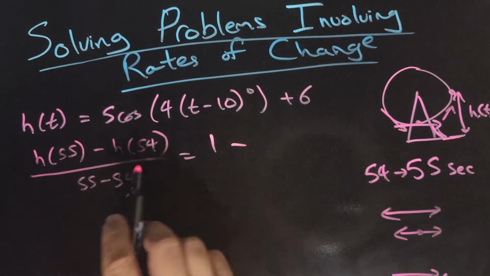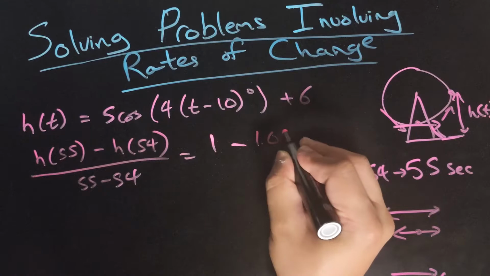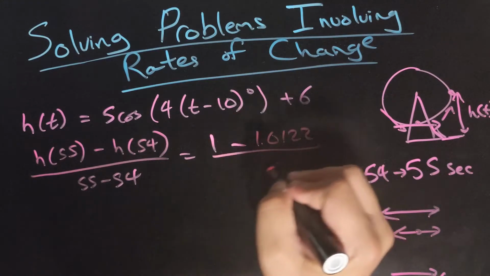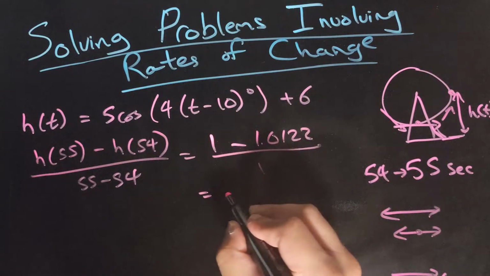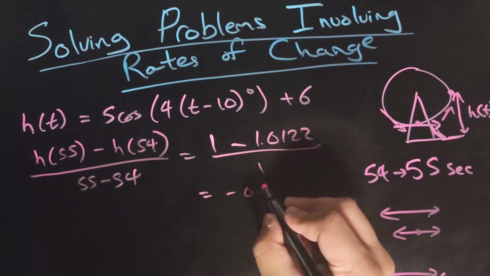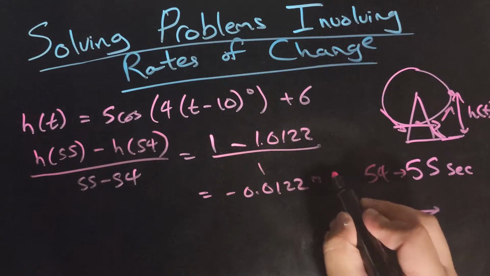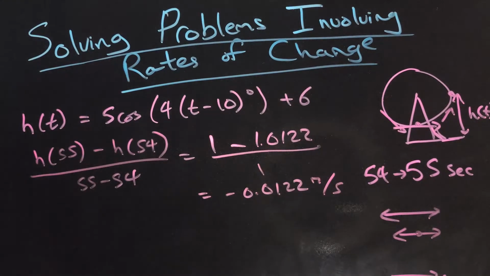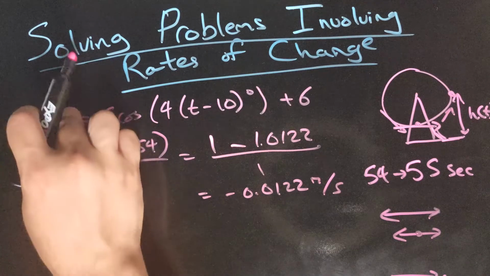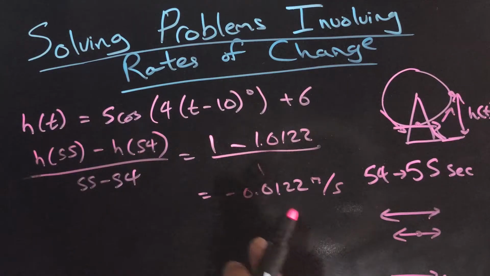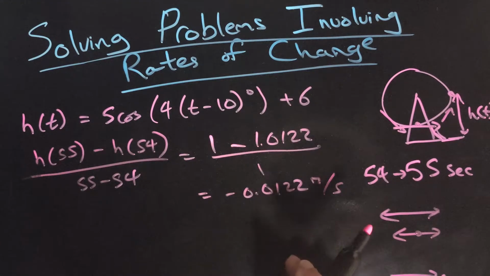And if you punch in 54, you should get 1.0122. And you divide that by 1, you get negative 0.0122 meters per second. Because remember, our numerator is in meters, because h of t is the height in meters, and t is in seconds, so we are doing meters per second.